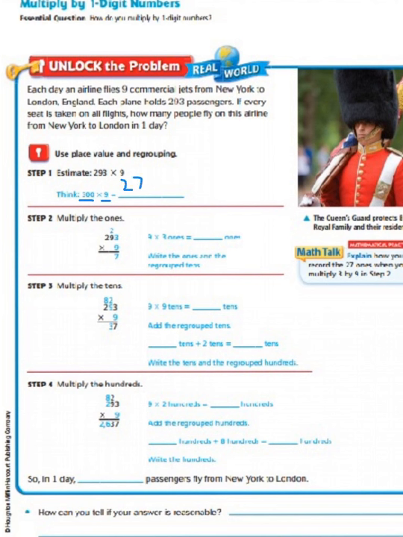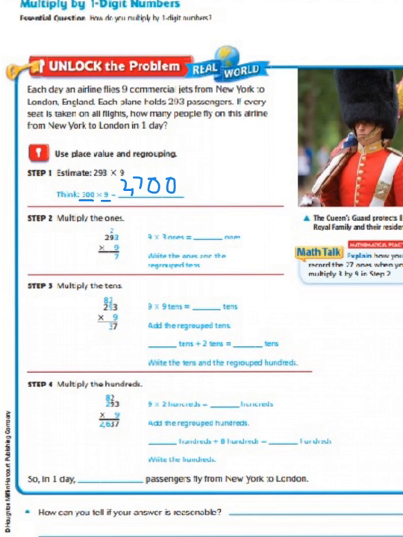And then we have 2 zeros in 300, so we have to add 2 zeros back. So when we estimate, we see that there are 2,700 people that fly from New York to London in one day. Now, we know that our answer based upon that estimate is going to have to be very close to that. So let's begin with step 2.